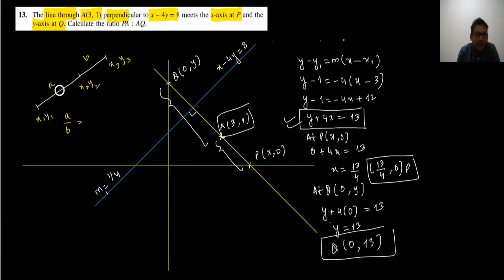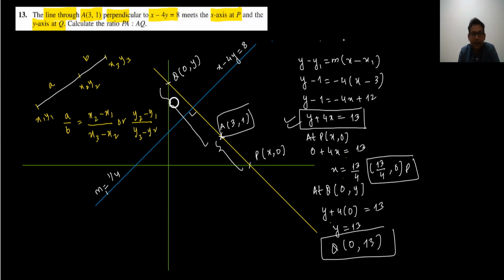When you want to write x, you write x2 minus x1 because you're talking about a. When you're talking about b, you have to use x3 minus x2. You can do the same thing with y: y2 minus y1 divided by y3 minus y2. You will get the same answer.